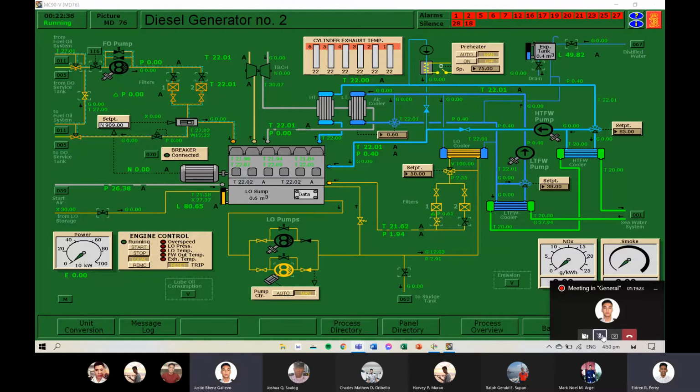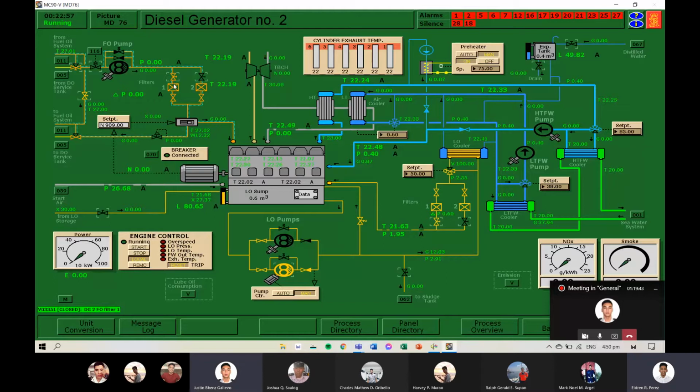Next. Chief Engineer Perez, sir, switch on the electric preheater with set point of 75 Celsius. Next. Chief Engineer Perez, sir, open number 1 DO filter. Next.